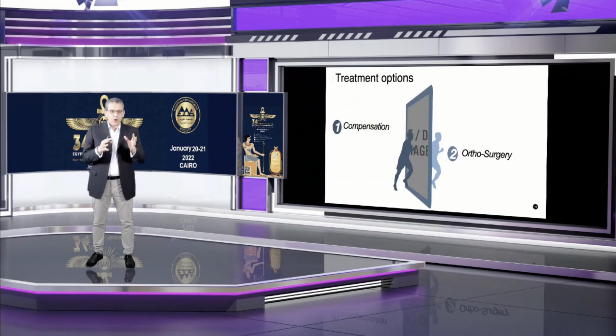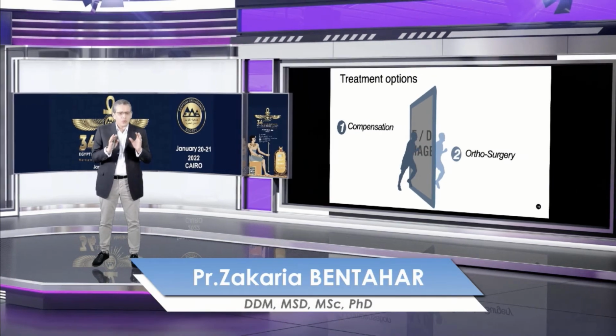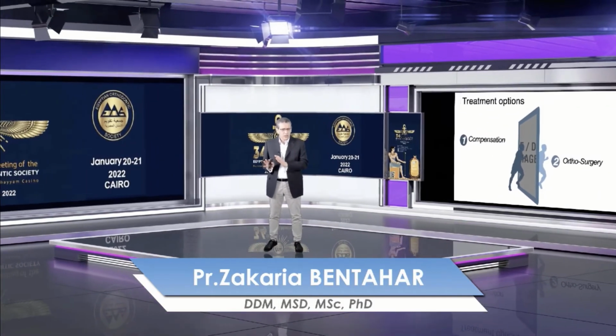So what option can we offer to the patient? I think the 2 interesting solutions are compensation or ortho surgery. We have a third option, which is only to align the teeth for those patients who need surgery and don't want surgery.